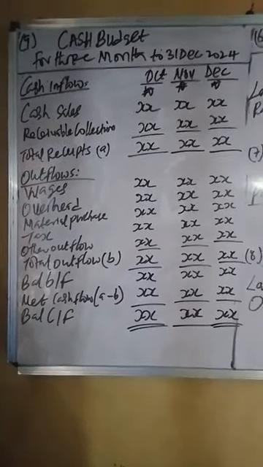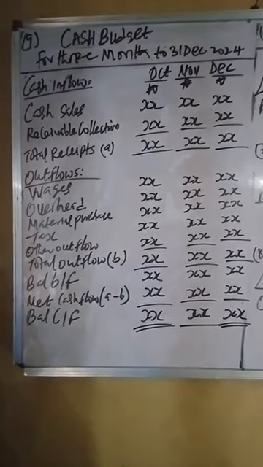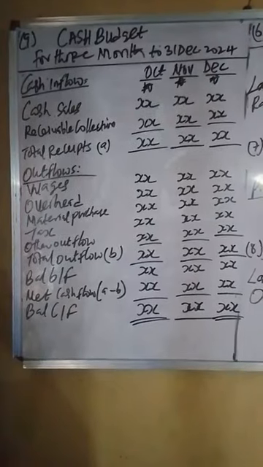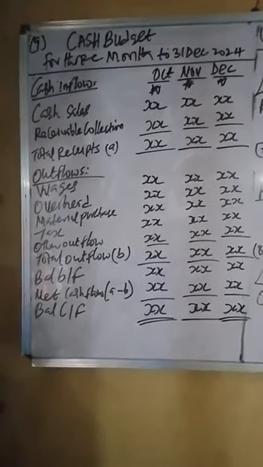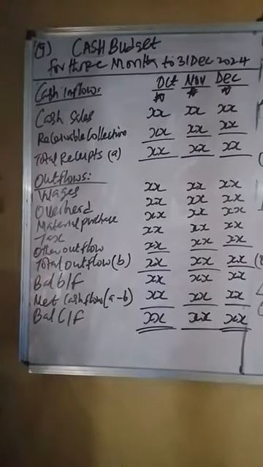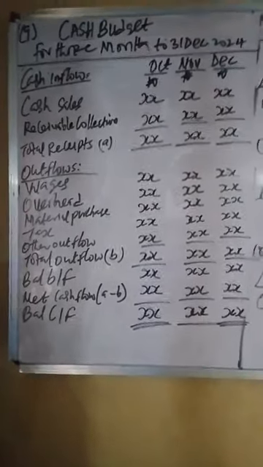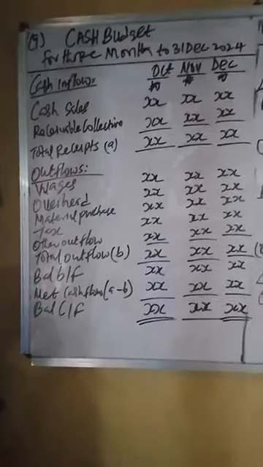That gives you the net cash flow for the period, and that's what you carry to the next month as balance carried forward for November, and do the same thing for November and December, and that is how you will be able to present correctly. Take note that there are adjustments you must do if you are in the exams. Even in the office proper, there are adjustments you must also do.